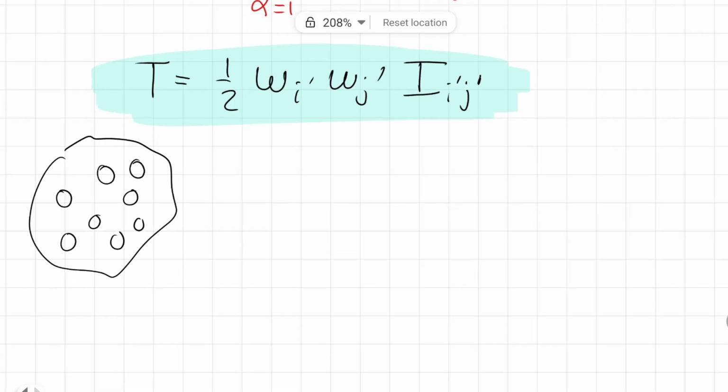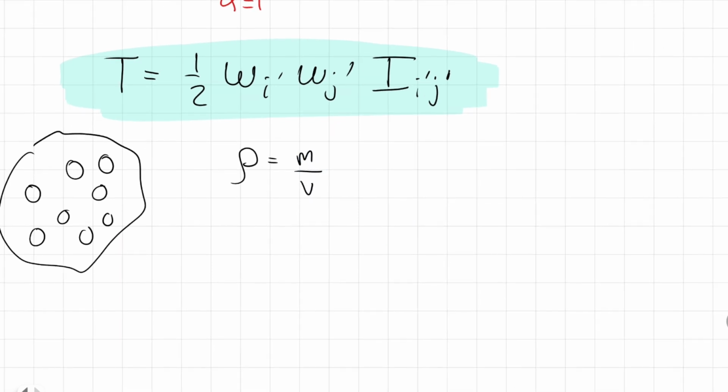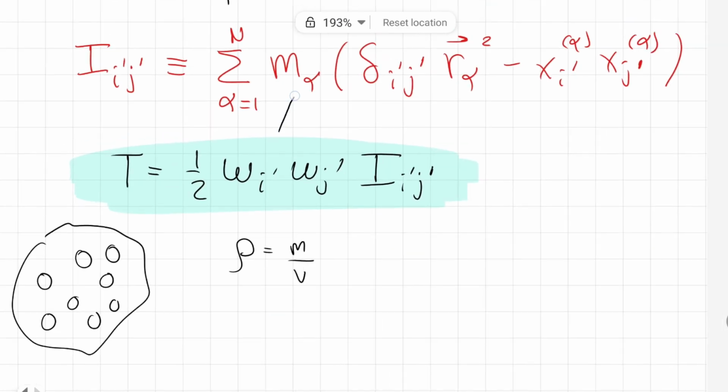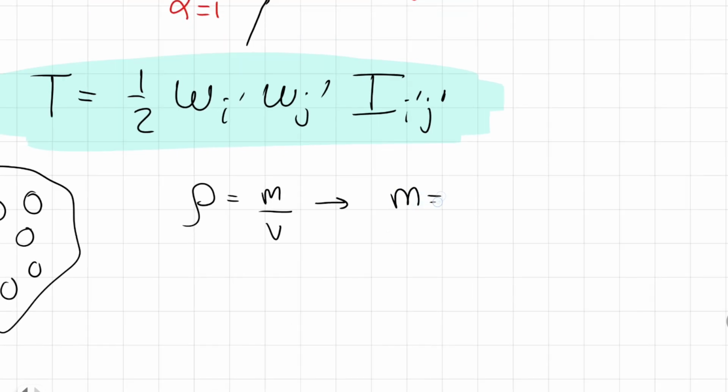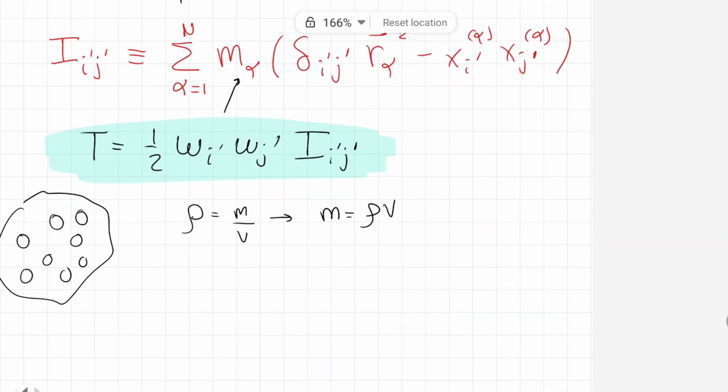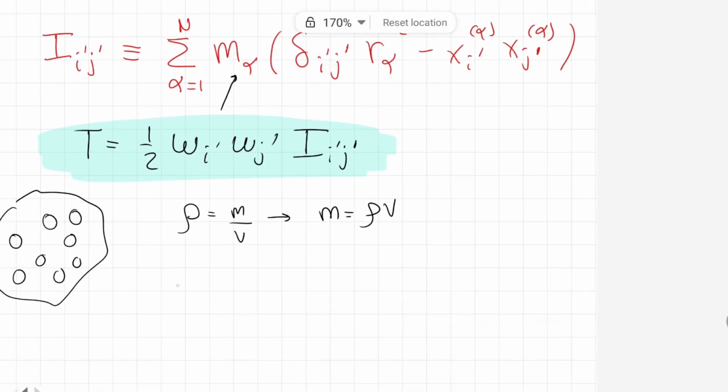Well, we know that if we have a volume of mass density given by m over V, for example, looking at the kinetic energy term involves the mass, we can express the mass as the density times the volume. Okay, but if we are interested in a continuous distribution, we can express the inertia tensor as an integral.